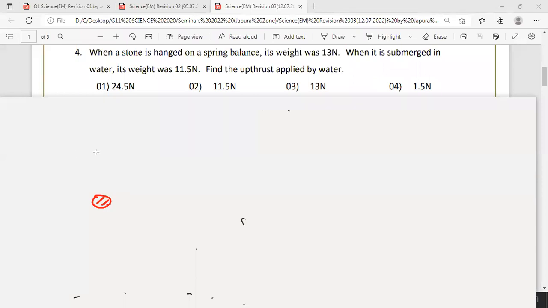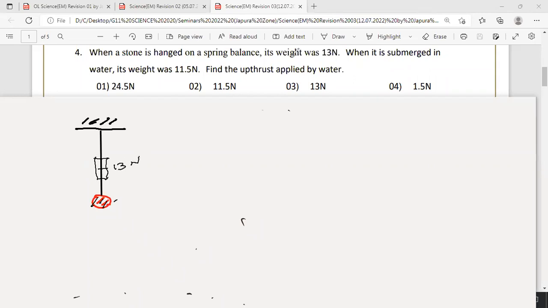Right, let's see. So this is the spring balance and it is hung, and then what are the readings? When it is hung in air, the reading of the balance, you get how many Newton? 13 Newton. That is the actual weight of the stone. So I'll write here 13 Newton. That is the actual weight.